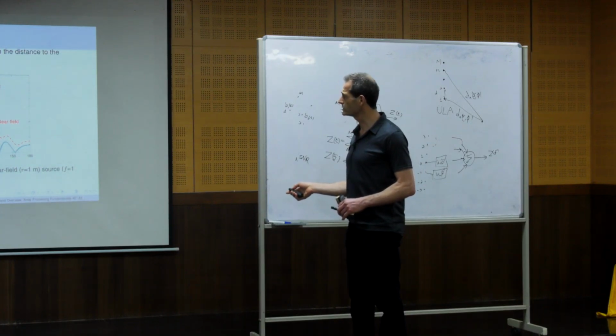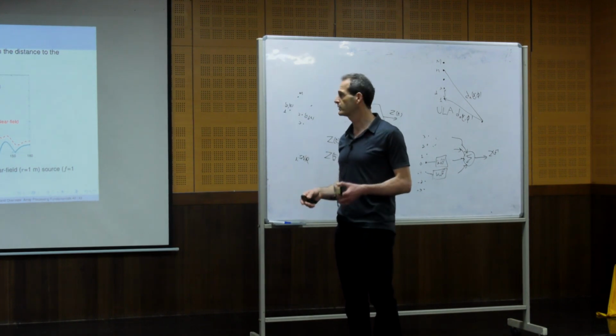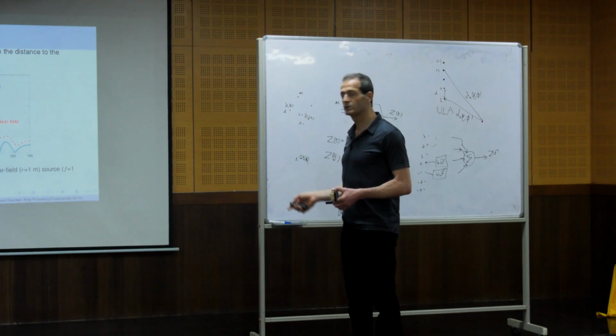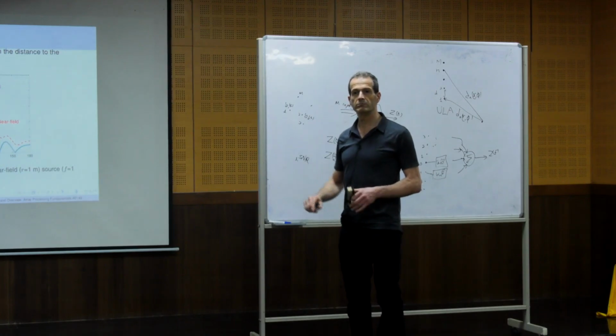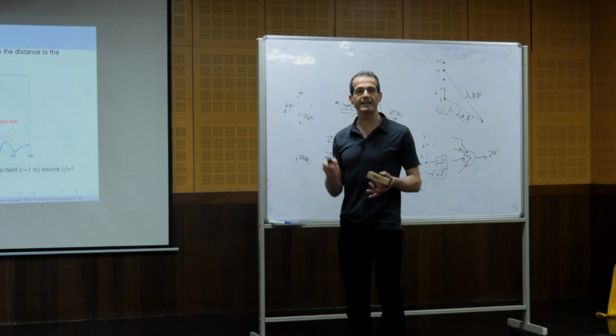Of course, we can also normalize it to 1. It doesn't really matter, because what we care about is the differences between different directions. So we see that for this near field source, it doesn't go to 0 for any direction, because you cannot cancel exactly.